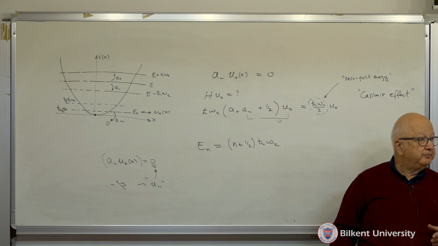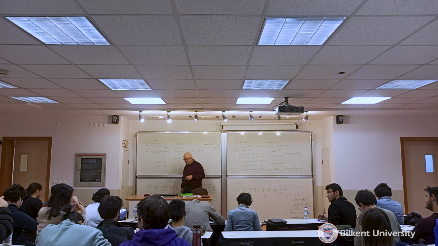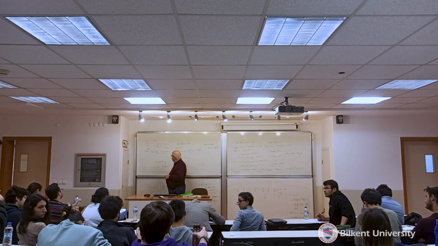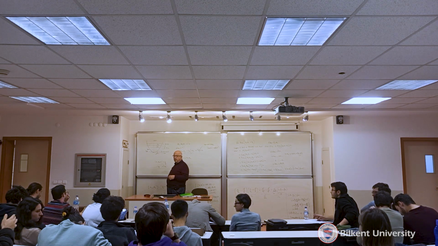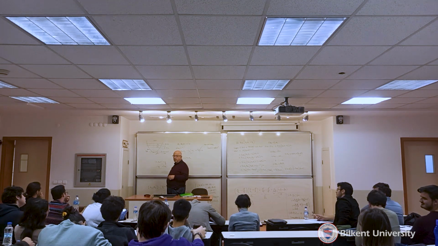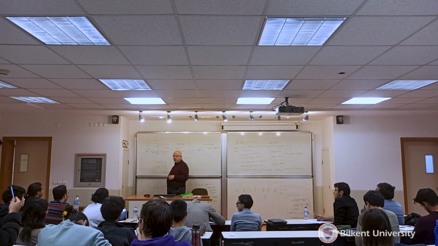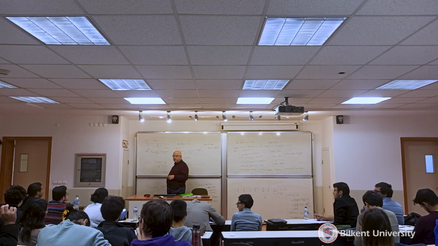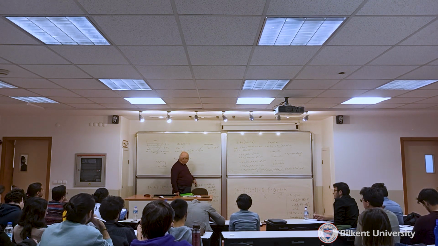Yes. You said that we cannot have the 0 point as a valid state because it doesn't satisfy the uncertainty relation. So does it mean the first state we got is similar to a Gaussian wave packet? Yes. Let's in fact look at that.